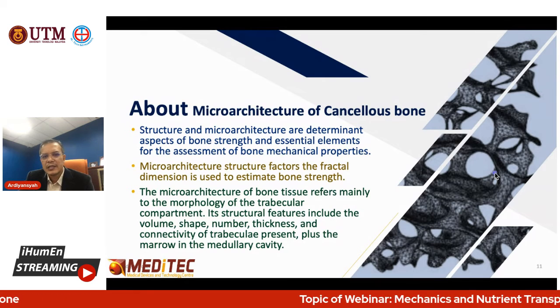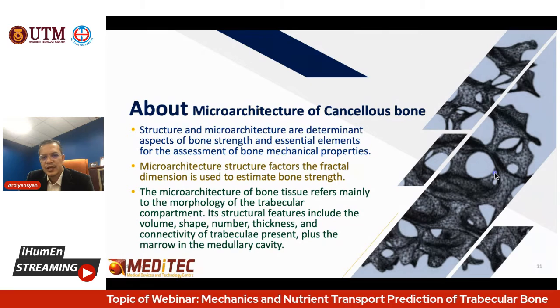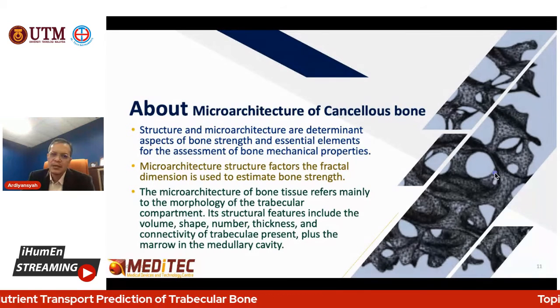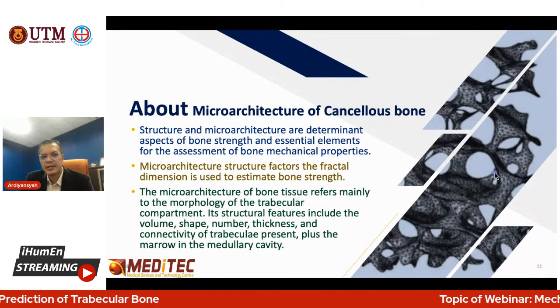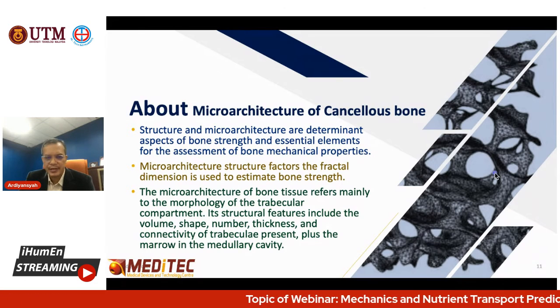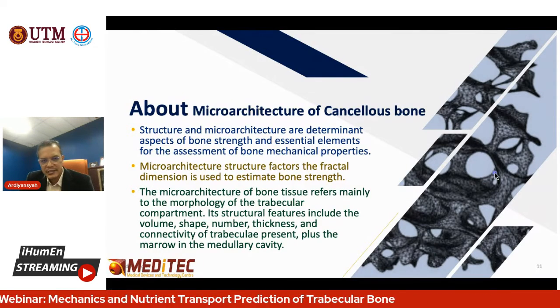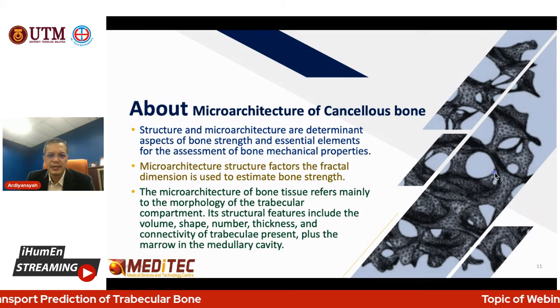A microarchitecture factor is fractal dimension. It is used to estimate the bone strength. With the microarchitecture, we can determine the values of bone strength. With any joint, any anatomical site, there are different properties, depending on the microarchitecture itself.